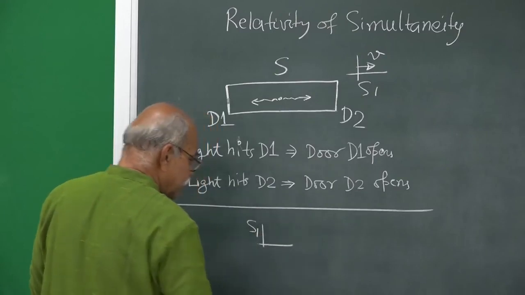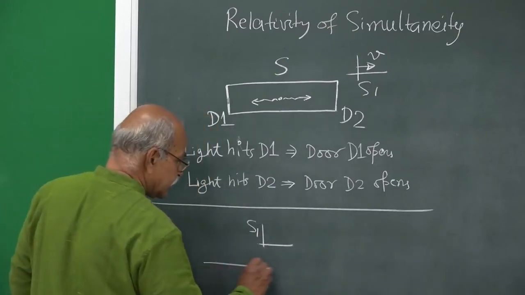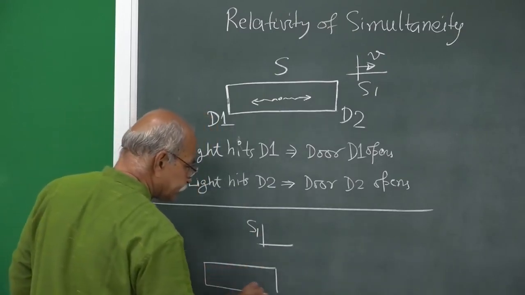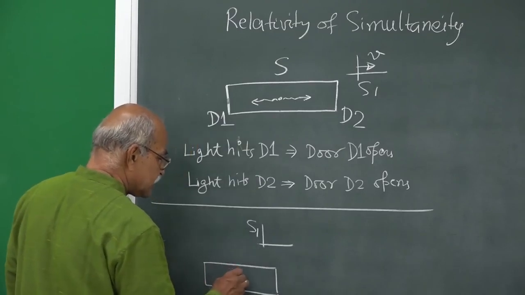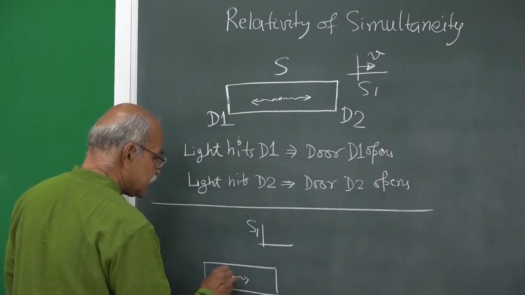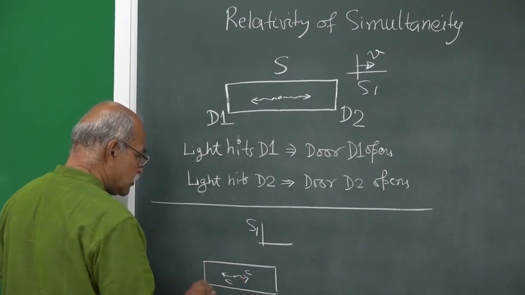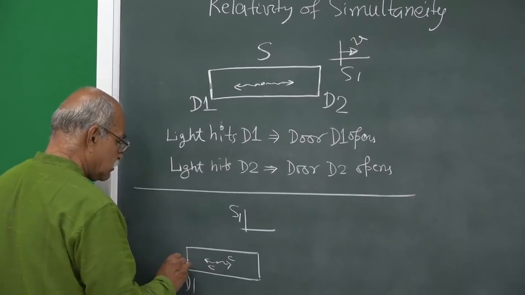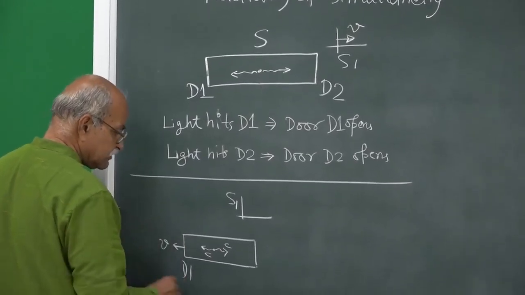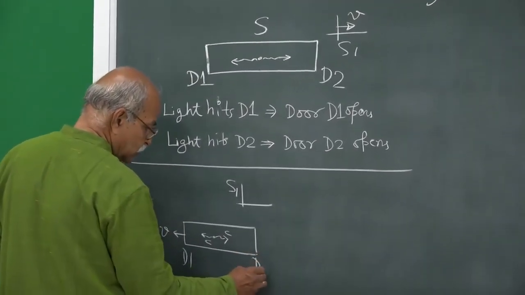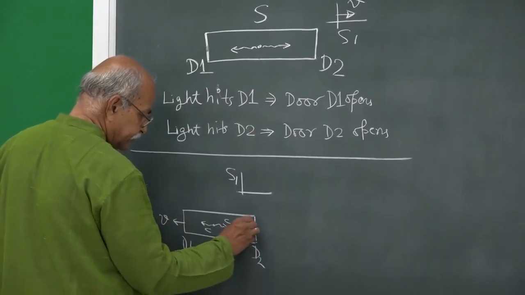So, from this frame, if you analyze things, this light is emitted, and this is going at c, this is going at c, but then this door D1 is going towards left with velocity v, and this door D2 is going towards left with velocity v.